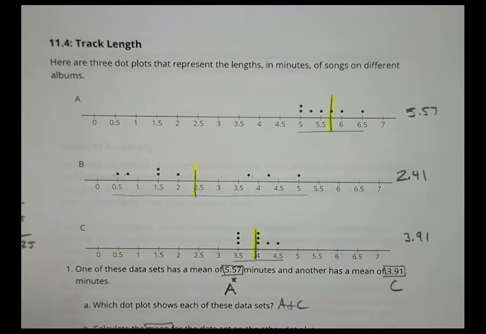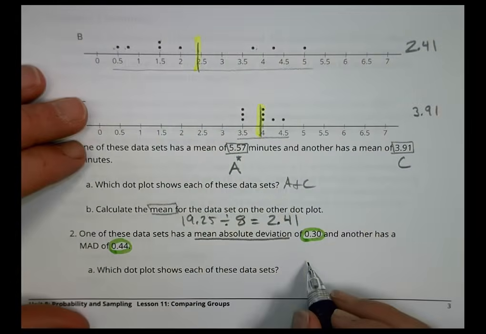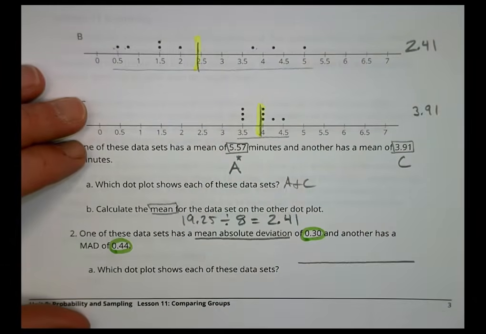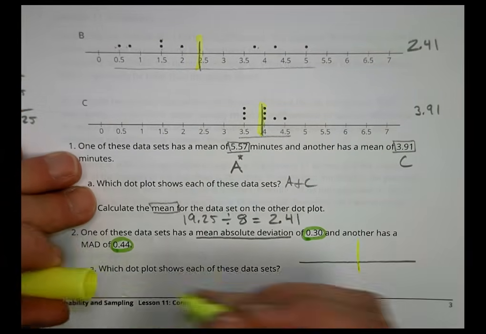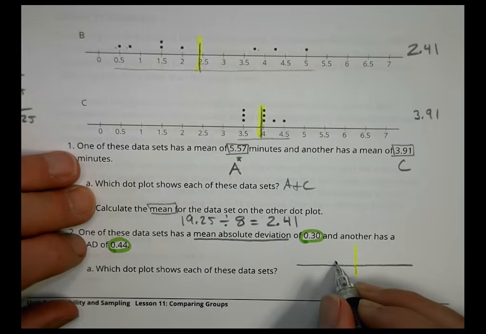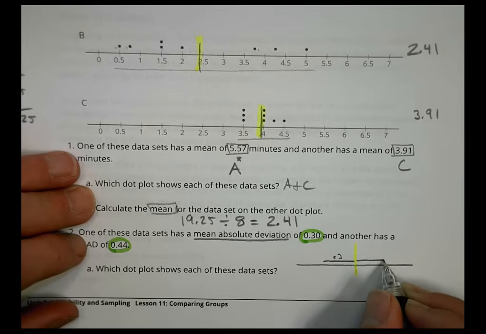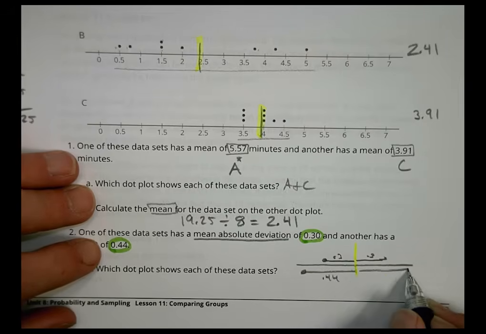So think of it this way. If I had a yellow line, this is my numbers, and I had a yellow line like this, what we're saying with 0.3 is that the points are about 0.3 this way and 0.3 this way from that line. Where this one's 0.44, so the points are a little bit further away from the yellow line.